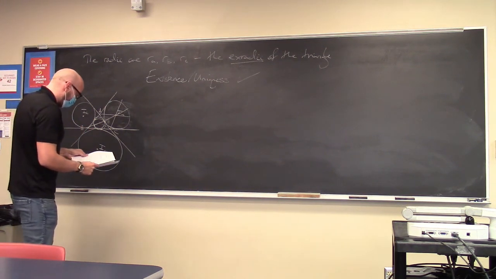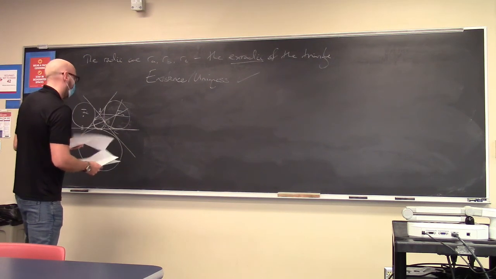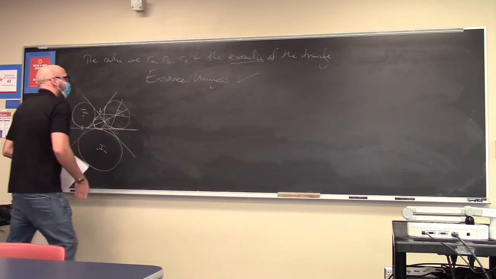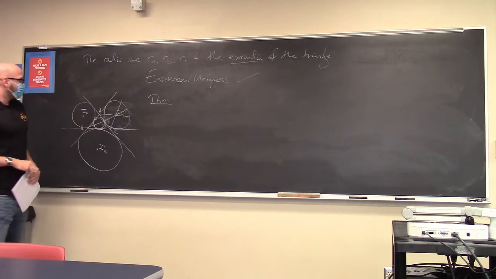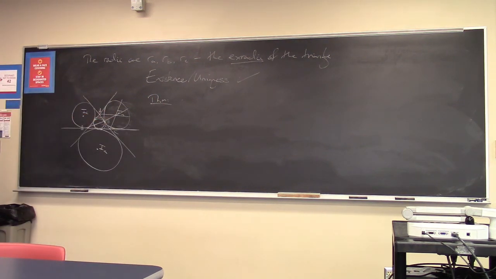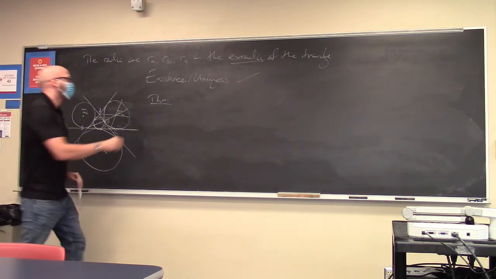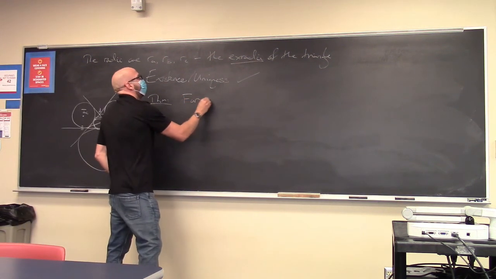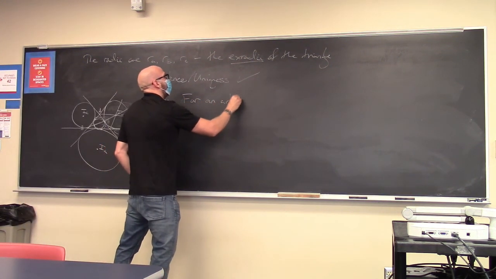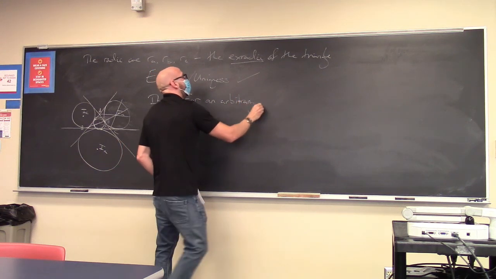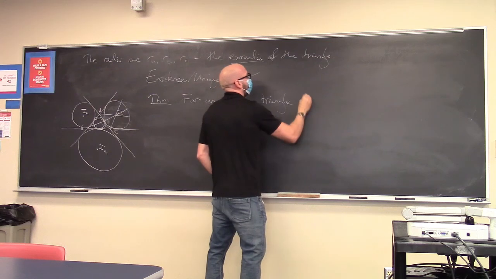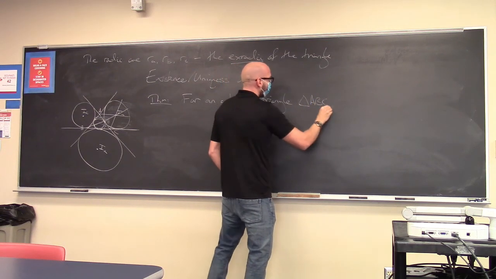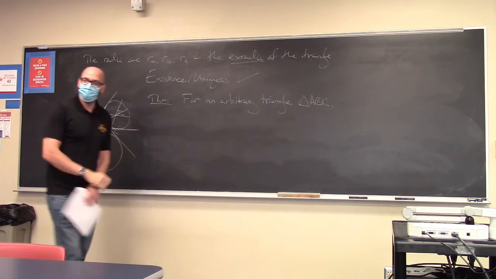So we won't go into any of that stuff. What are we going to do? We're just going to prove one theorem about the exradii. So for an arbitrary triangle, I don't have to give it a name here, there's no reason to name it, but we'll give it a name anyway, triangle ABC.